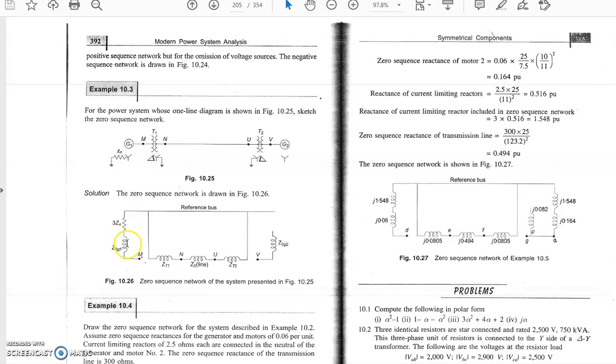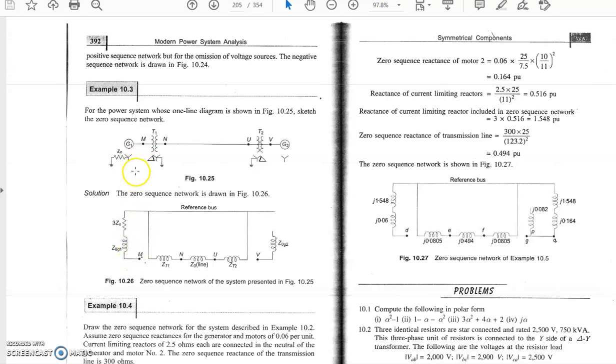Z0G is the zero sequence impedance of the generator. Z0G plus 3Zn is the total zero sequence impedance of the synchronous machine, generator G1.